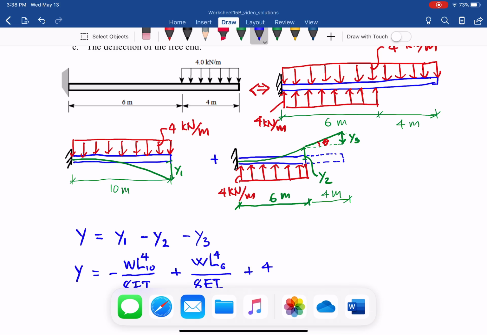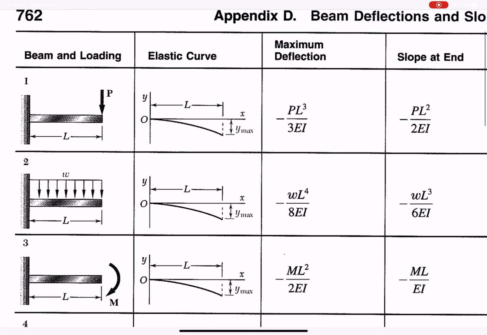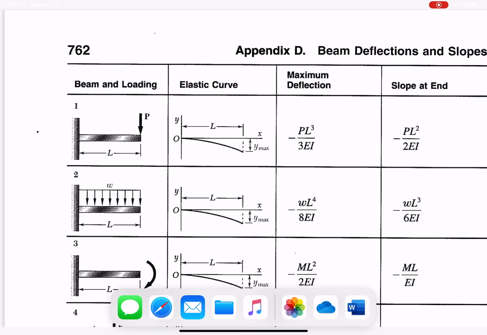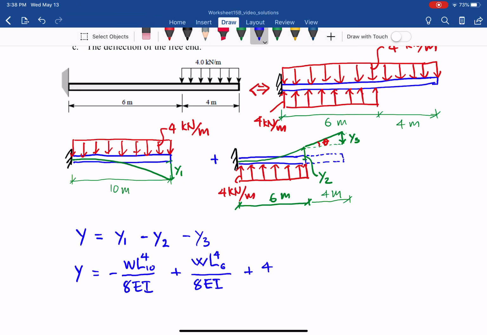I change from that equation negative here to positive to reflect the fact that the 4 kilonewton per meter for the cantilever 6 meter is up. WL6, keep that in mind, power 3 over 6EI.